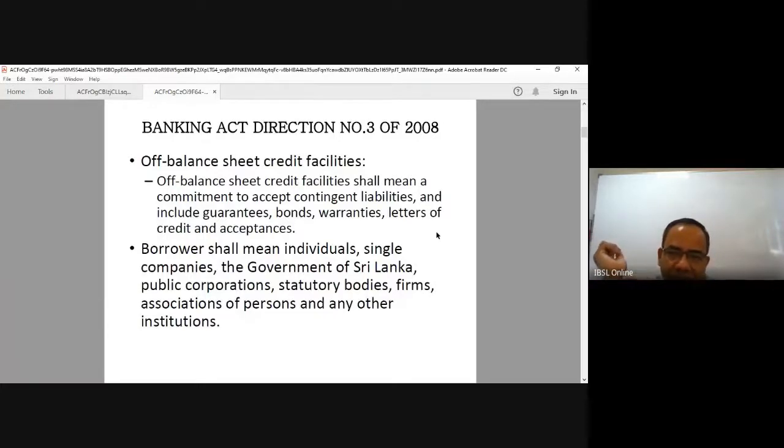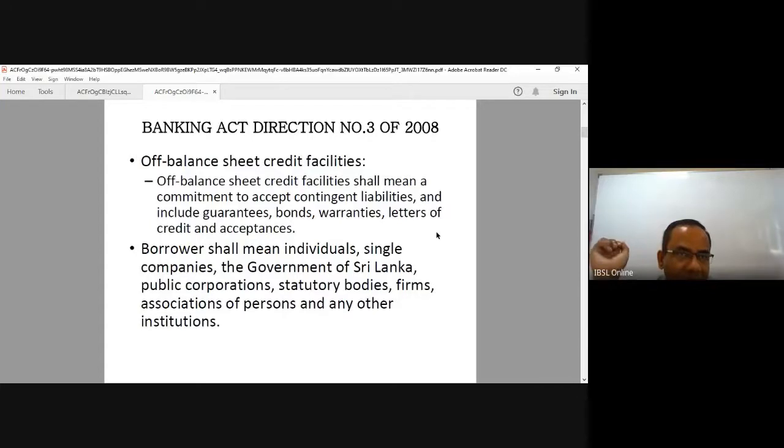So, for example, if you know about letter of credit, you open a letter of credit for a customer, and the letter of credit opened, which is there, doesn't appear on the balance sheet. Why? Because you haven't funded still, right? But it may become a funded advance the moment documents are submitted by the presenting bank, by the negotiating bank.